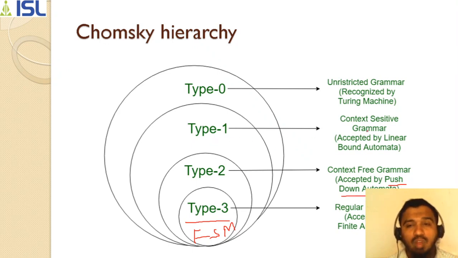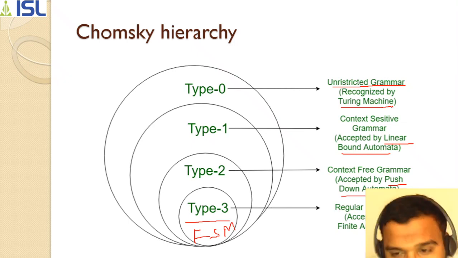And type 1 is context sensitive grammar, accepted by linear bounded automata. And type 0, unrestricted grammar, is recognized by Turing machine, but you cannot decide, because it is unrestricted grammar.